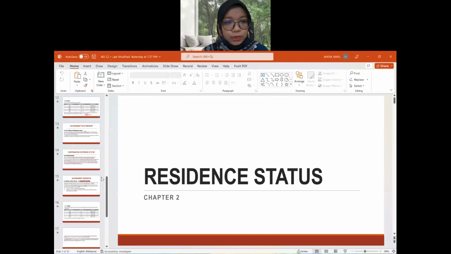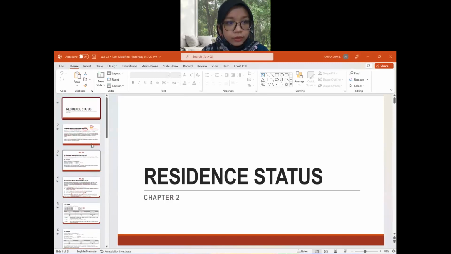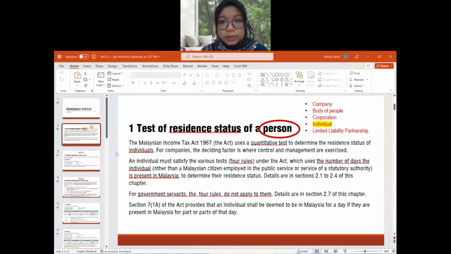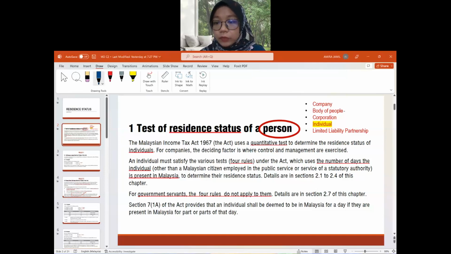So let's start. The test of resident status is part of your study text, you can refer to it. As mentioned in chapter 1, a person can be a company, body of people, corporation, individual, and limited liability partnership.